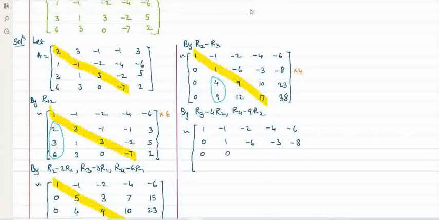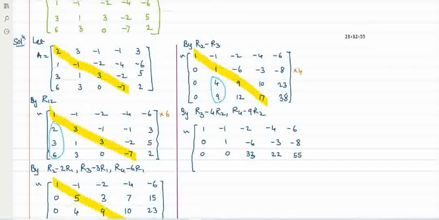Tell me, 9 plus 24: 33. 9 plus 24 is 33. After that, 10 plus 12 is 22. After that, here if required I write the element. It works as a calculator. 23 plus 32 is 55. Yes.